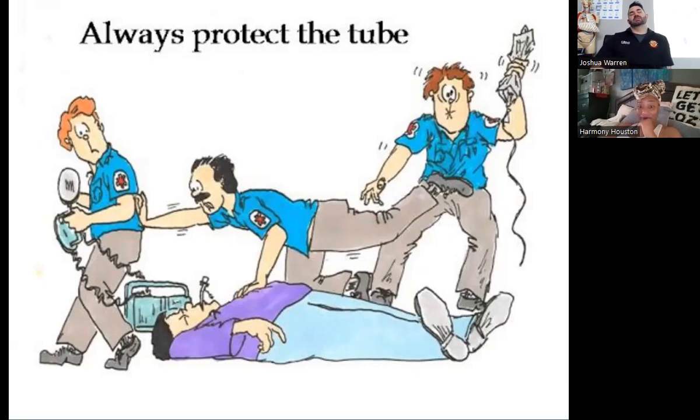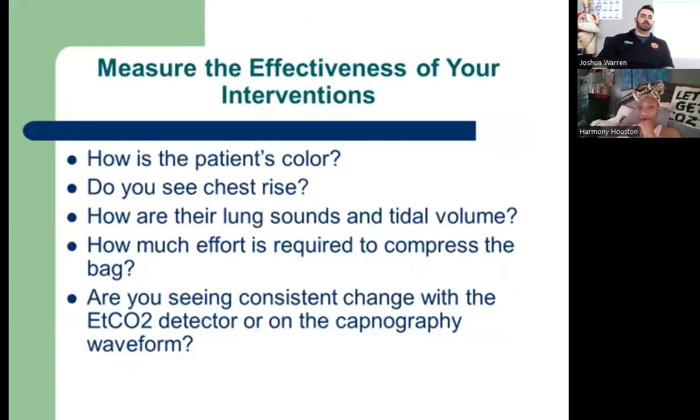Measurement of the effectiveness of my interventions in regards to airway management. Ventilation, capnography, listening to breath sounds. So we're saying capnography, patient's color, can I see chest rise, lung tidal volume, how much effort it is to compress the bag? What does that mean? Airway compliance.